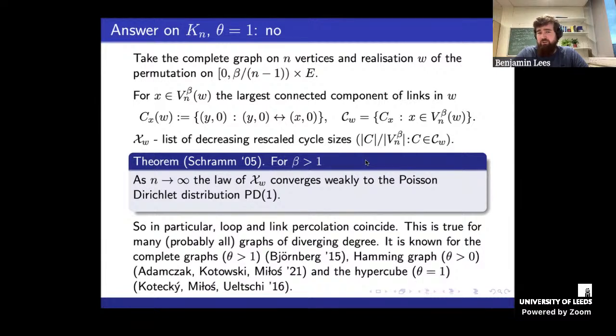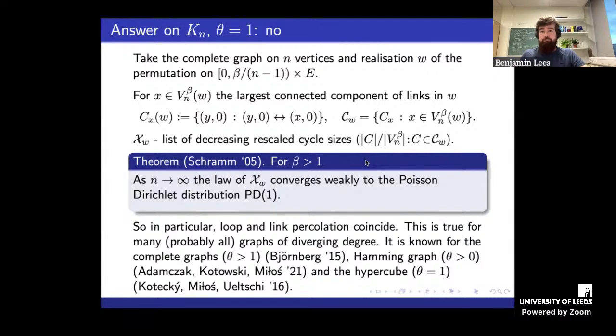And this is probably true for all graphs where the degree diverges at every vertex. And actually quite a bit is known. So it's known that on the complete graph, loop and link percolation will coincide. Actually, this is known even with theta. It's also known for the Hamming graph. And for the hypercube with theta equals 1, which is also a very interesting case, it's known that loop and link percolation coincide.